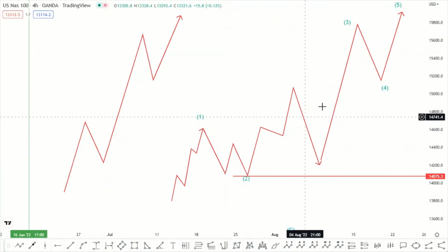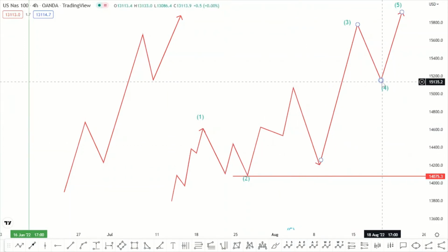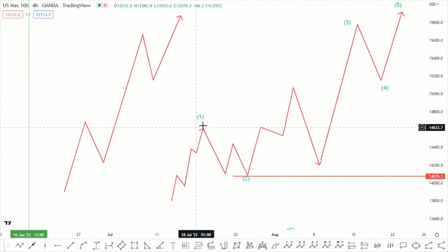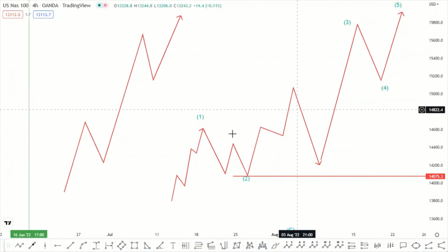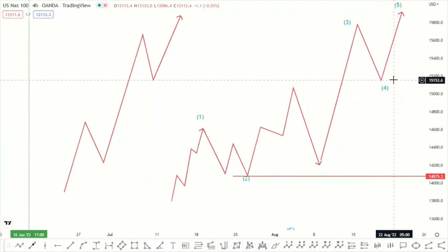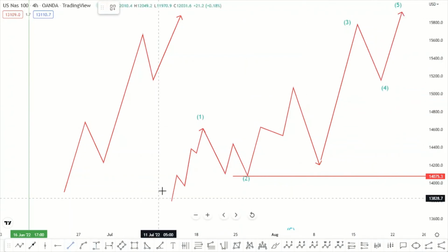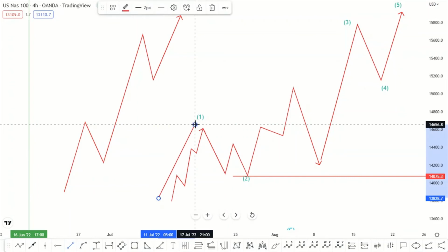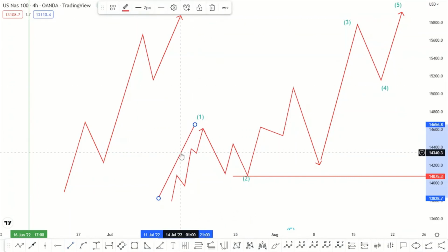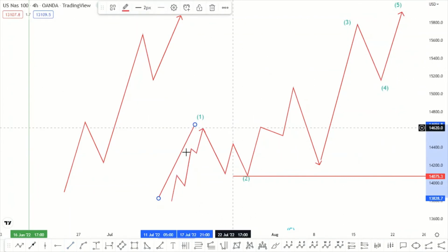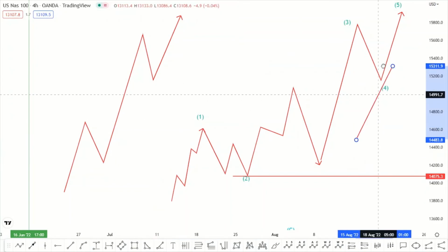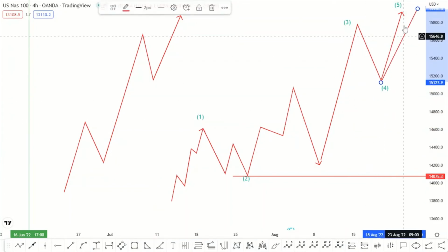And you have to remember that wave 4 must not touch the top of wave 1, right? As you can see, wave 4 is over here and wave 1 is over here, so everything stays true. And then you could do this and measure wave 1: take this distance and put it over here, trying to measure wave 5, so it would have terminated over here.